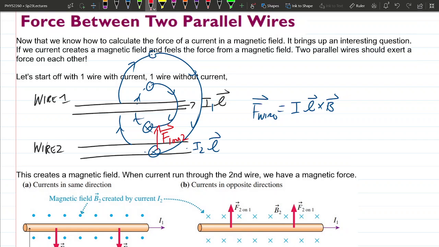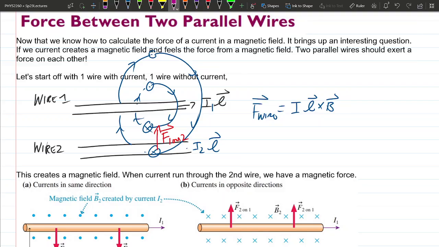It creates its own. Current number 2 also creates a magnetic field, and that magnetic field will also affect current number 1. So this is like a self-fulfilling prophecy. In this case, I'm going to draw in maybe purple color, so we can see the two different magnetic fields.